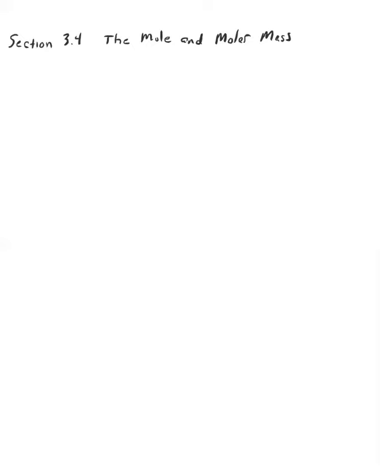So for example, in theory, if I had a little piece of paper here, there's a certain number of carbon atoms, a certain number of hydrogen atoms, and a certain number of oxygen atoms in here. So what we would want to be able to do is to count the number of carbon atoms in this piece of paper, count the number of hydrogen atoms in the paper, and count the number of oxygen atoms in the paper, and nitrogen.